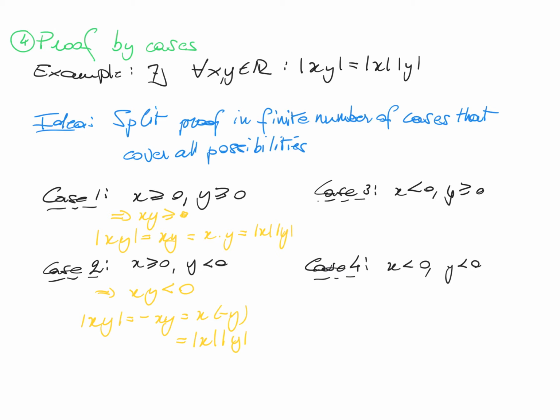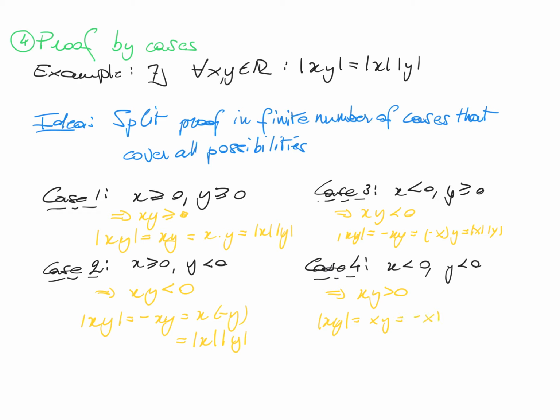And then we continue the same way. Here, third case, the multiplication is also negative, but we now split it differently. So the absolute value of x times y is minus x times y. This is minus x times y, which is equal to the absolute value of x times the absolute value of y. And then the fourth case, the multiplication is positive. So the absolute value of x times y is x times y.